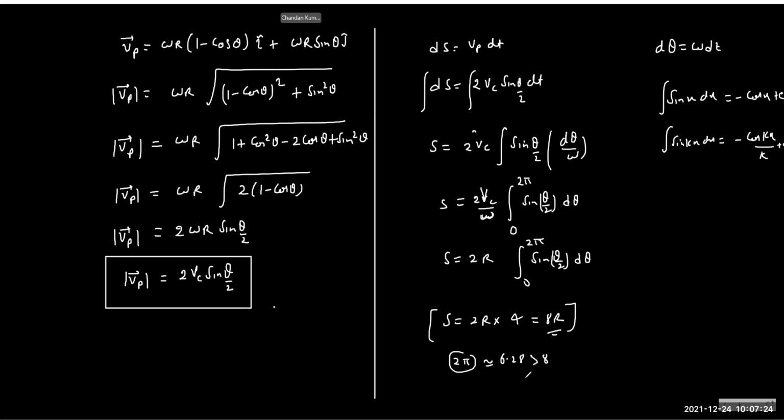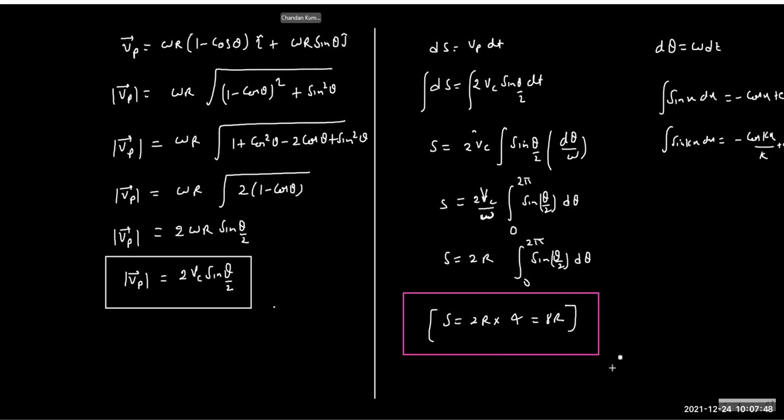So this is a bigger value. The cycloid path is bigger than the distance traveled by the center of mass in one rotation. This is called the total distance traveled by the periphery in one rotation, which is 8r, and this is something which you must remember.